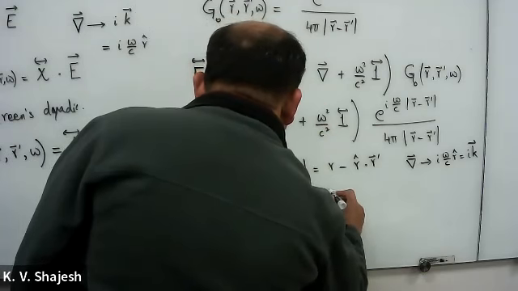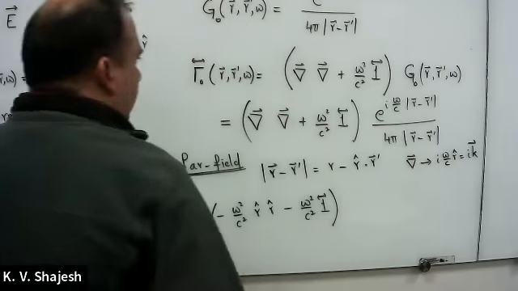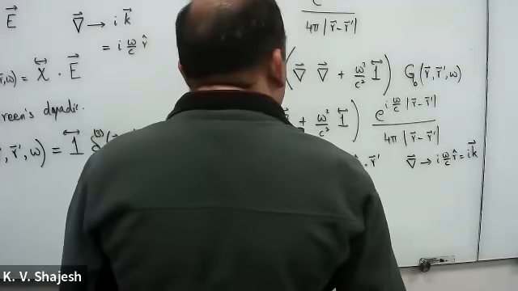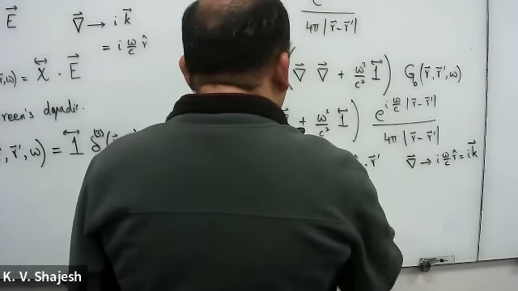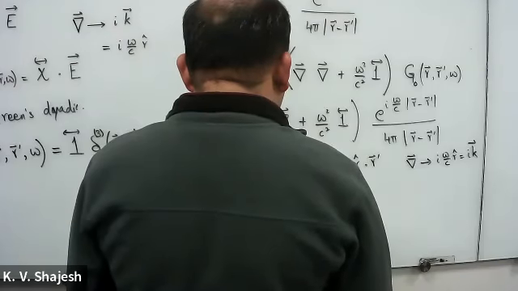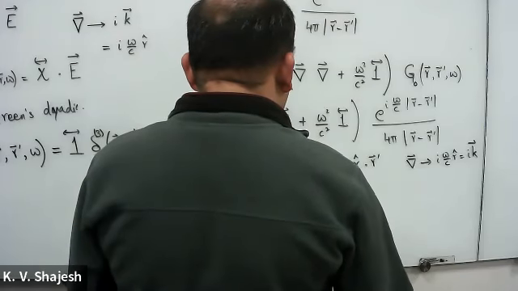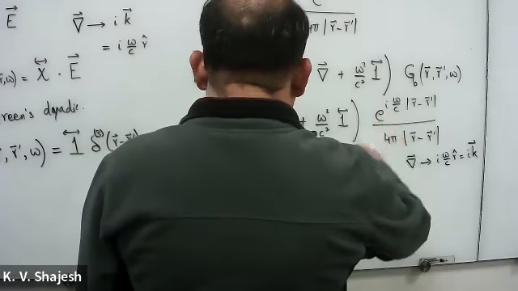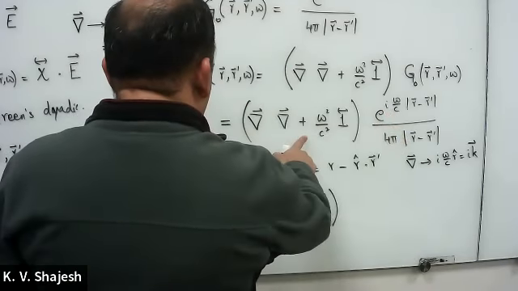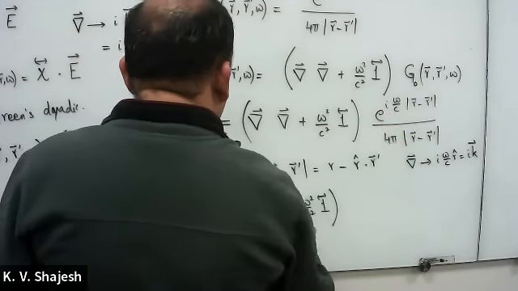That's a simplification there. Minus omega square over c square. The second one is plus.